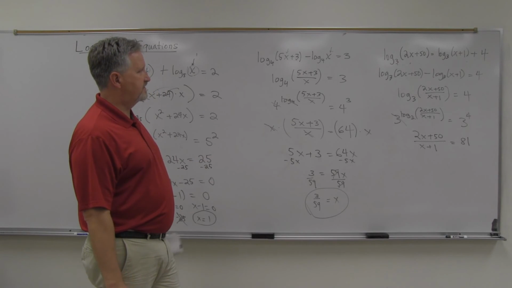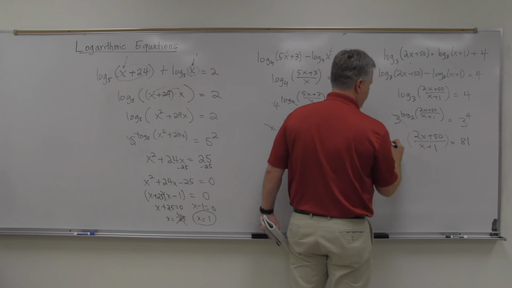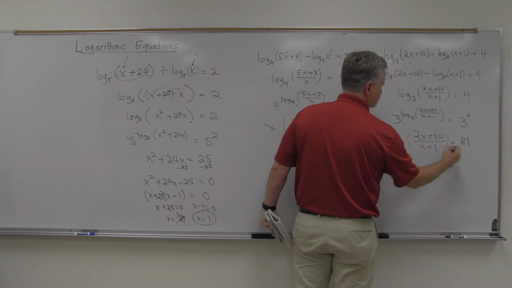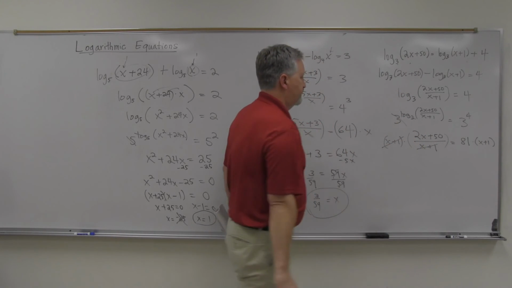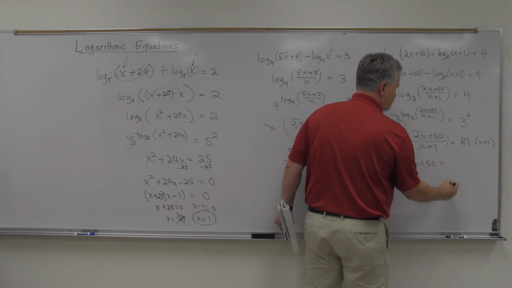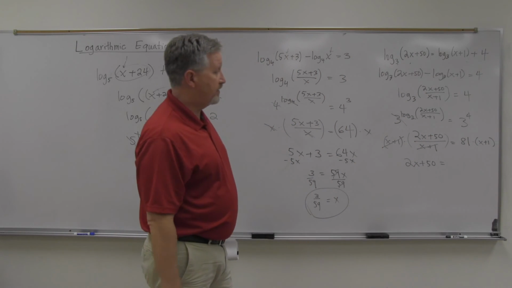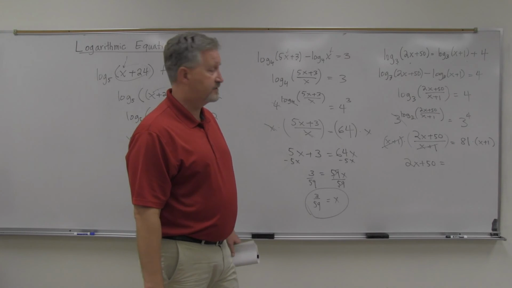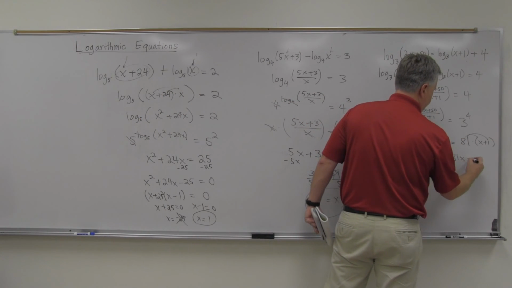Very similar, like I said, to the previous one. Solve that. One way to do it is just multiply both sides by x plus 1. That'll cancel the x plus 1 out, leaving 2x plus 50 on the left here. Now you do have to distribute there. That 81 distributes, making it 81x plus 81.